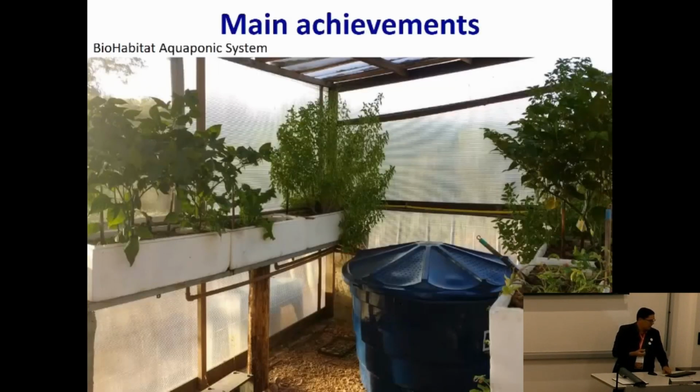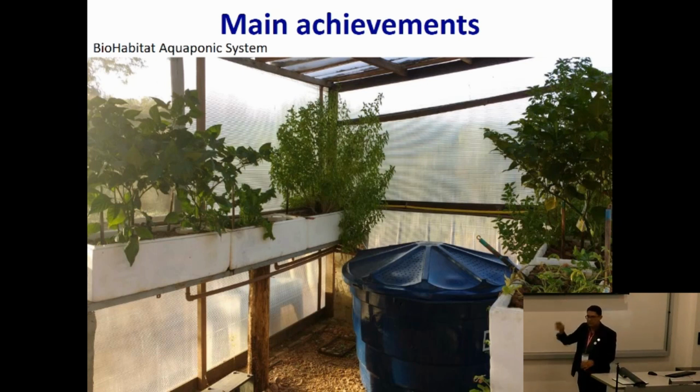And this is the plate. And then the main achievement in terms of design was the operation of the biohabitat. We would like to expand this greenhouse because until now the food produced here is not enough for the consumption of each mission.